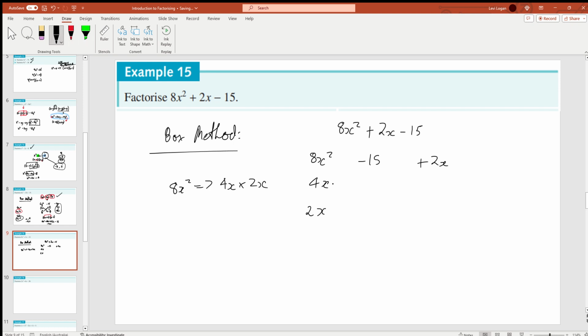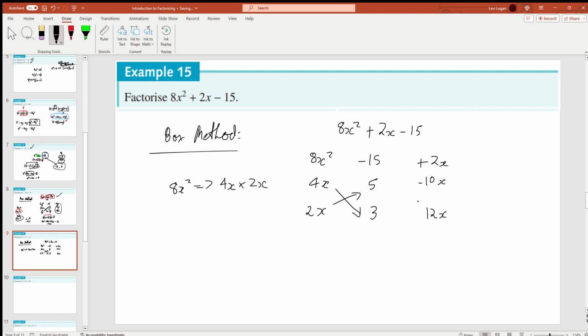Because I've made these guys quite bigger, so I don't have a 1 now. So I'm going to go 5 and 3 again. So that gives me 10x. Now one of them has to be negative, but I'll decide that in a sec. 4 times by 3 is 12x. Okay, if I add them together, I get 22. If I minus them, I get 2, which is what I want.